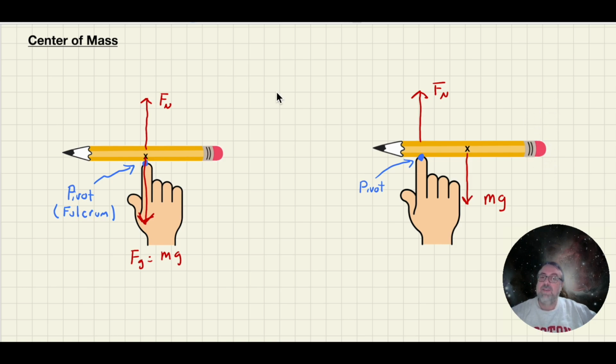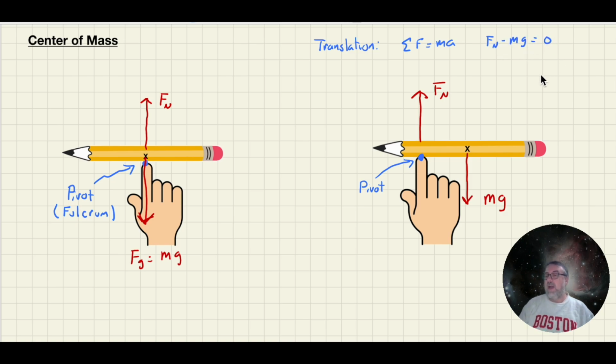Now, translationally, there will still be no up and down acceleration. So if I look at translational motion, or some books would just say linear motion, well, I still have Newton's second law, and I would still have here that Fn minus mg adds up to 0.